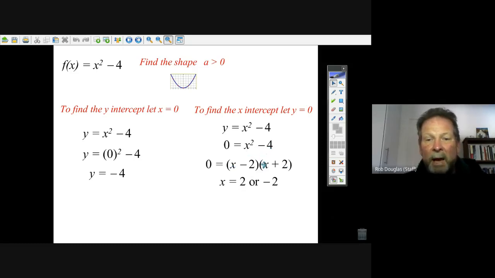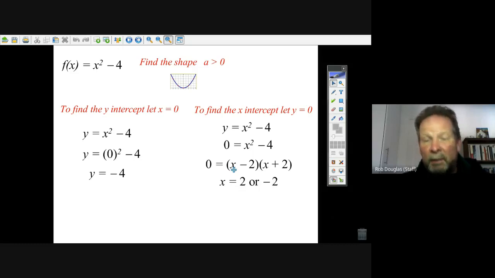See, x times x gives me x squared. Minus 2 times plus 2 gives me minus 4. And the inside product, minus 2x, and the outside product, plus 2x, it cancels, and it's not there. So this is another way of writing x squared minus 4. It's x minus 2 times x plus 2 in brackets.